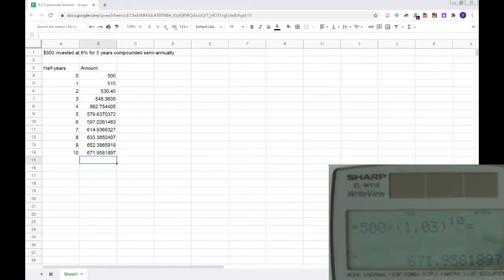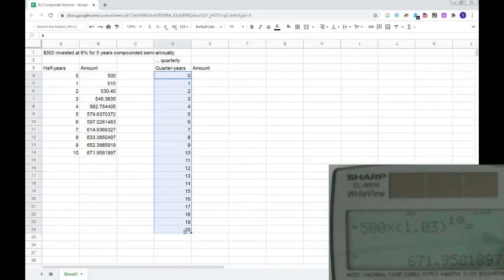Now suppose we were to do this quarterly. Same amount of time, same dollar amount. So in 5 years, we would have 20 quarters.